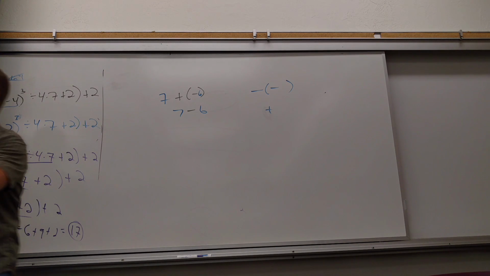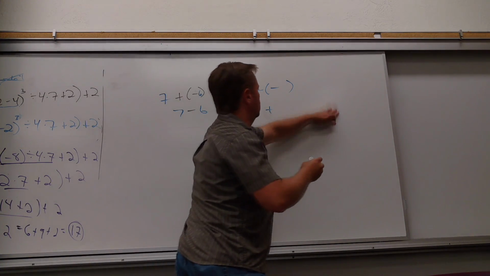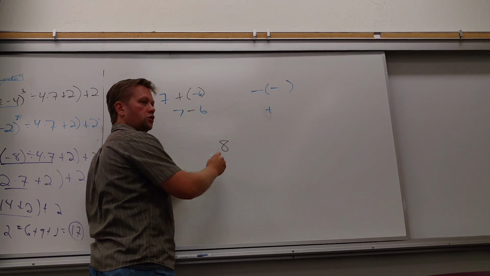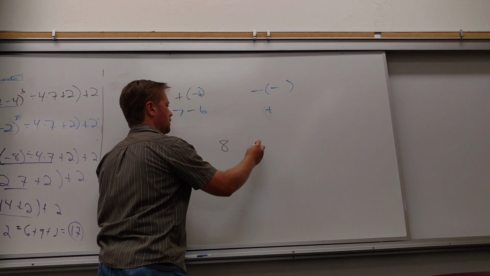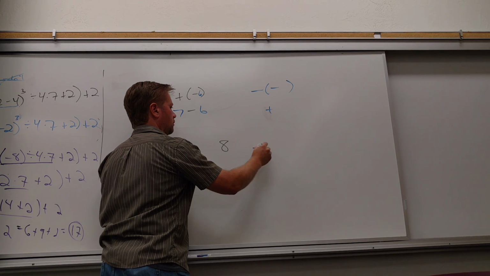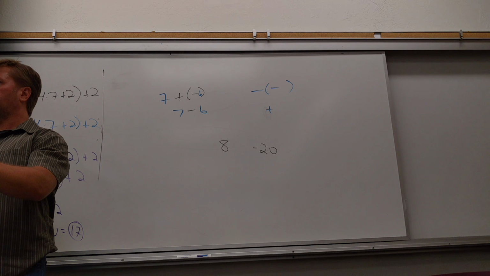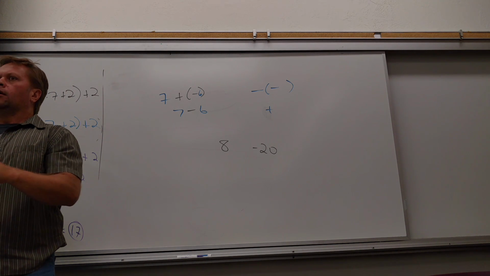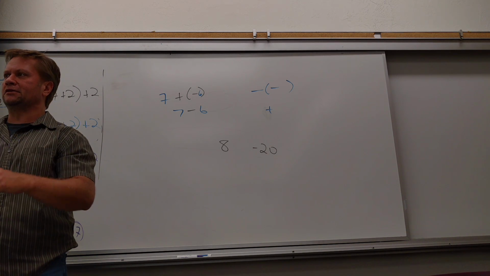All right. You ready? I figured out a physical example for this. Let's say you've got $8 in your bank account, but the bank says you owe them $20, right? So you're in the hole $12. Does that make sense? So what if they forgive that debt?